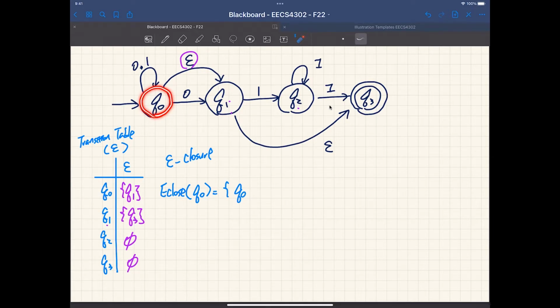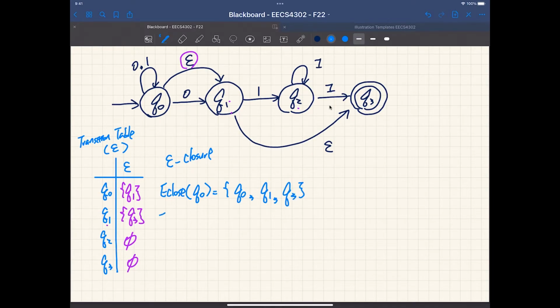Q0, by taking epsilon, can just go to Q1. But Q1 can also take epsilon to Q3. So the closure should really include Q0, Q1, and also Q3. Are we okay? Good.